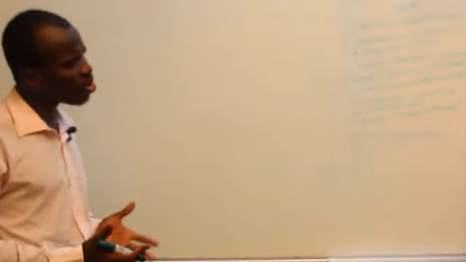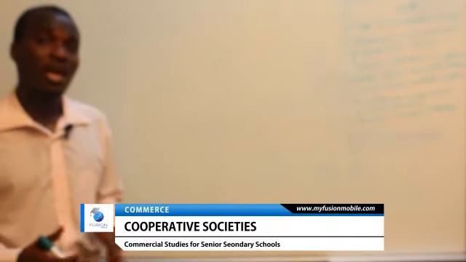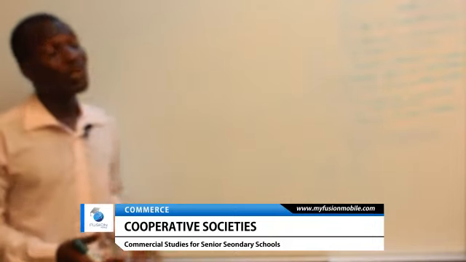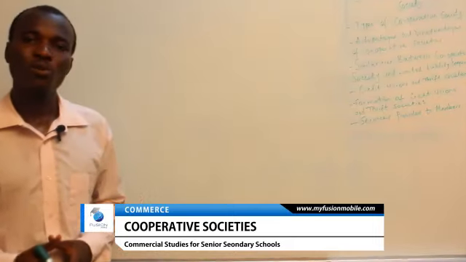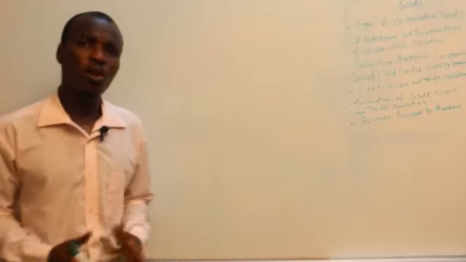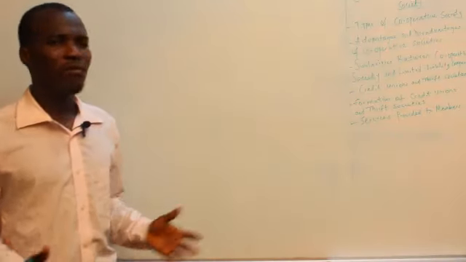Now let's talk about the formation of credit unions and thrift societies. How are they formed? They are usually formed by low income earners, and the organization is open to anybody who is interested in joining and who shares common interests with other members.